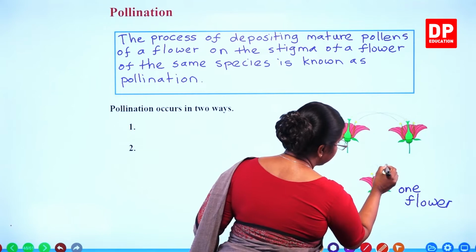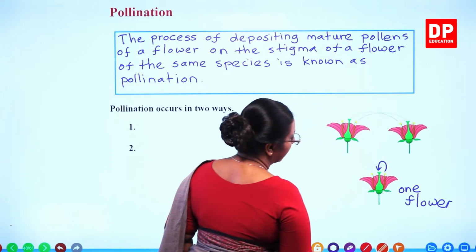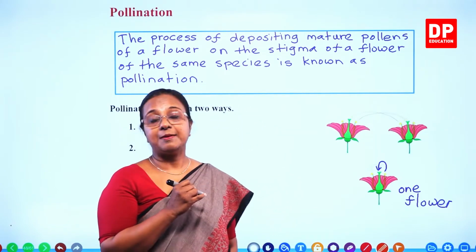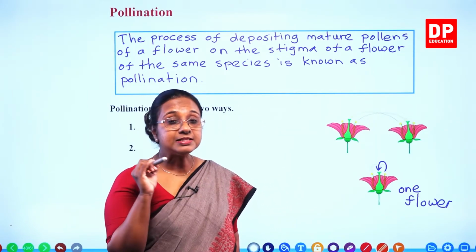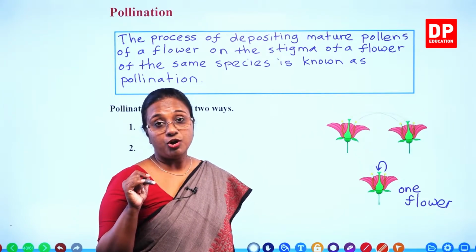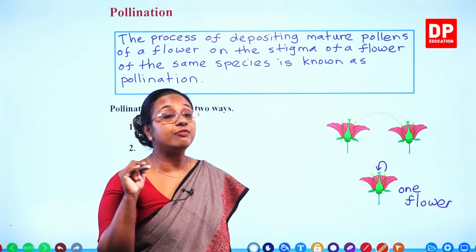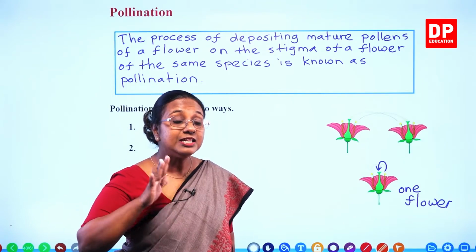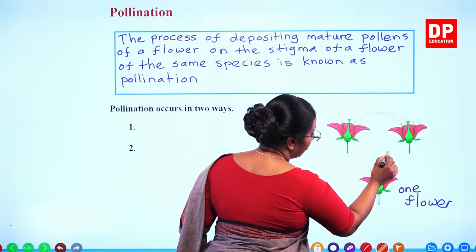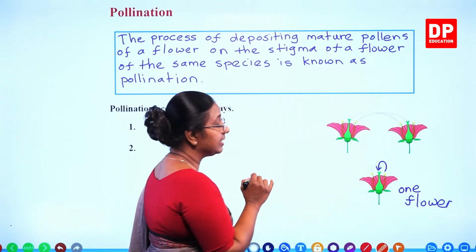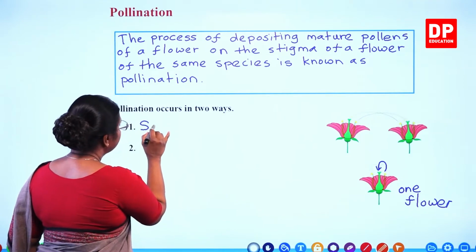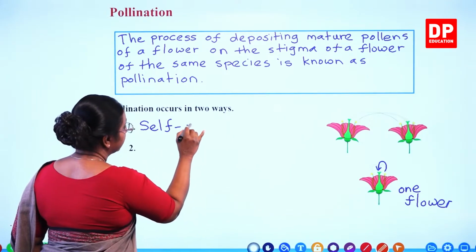So, here it's actually the pollen from here coming and falling on the stigma there. Then what will happen? That is pollination, but only one flower is involved. Then we call it self-pollination within the same flower. So, self-pollination. Pollens of the flower deposit on the stigma of the same flower. That is known as self-pollination.